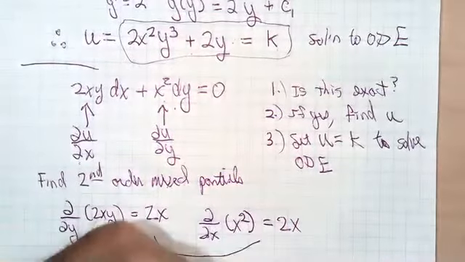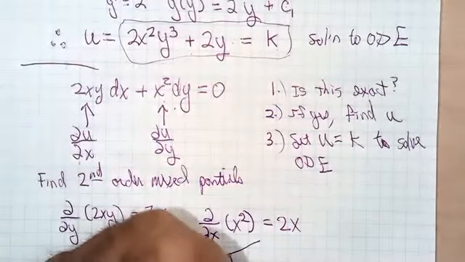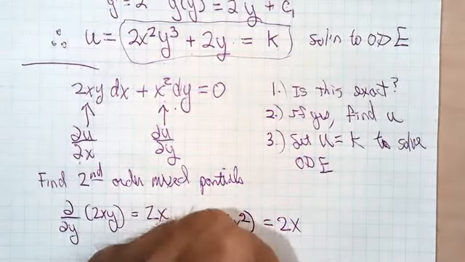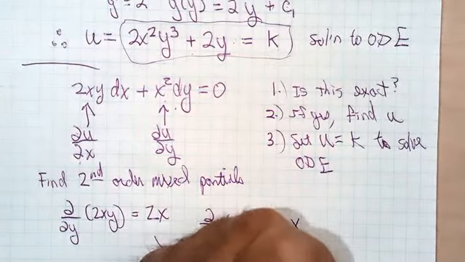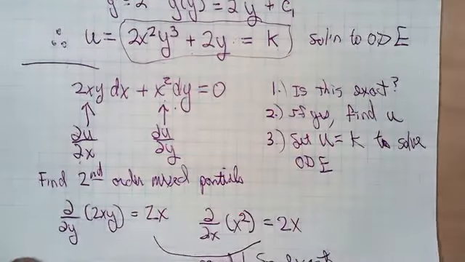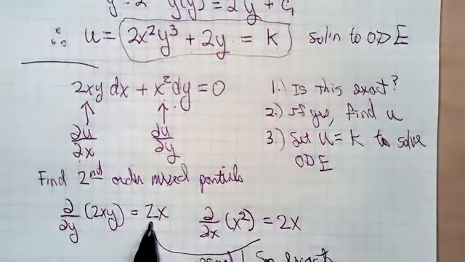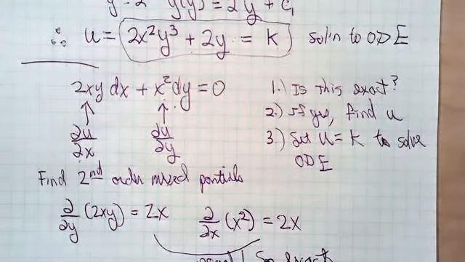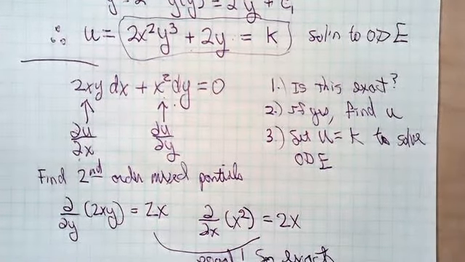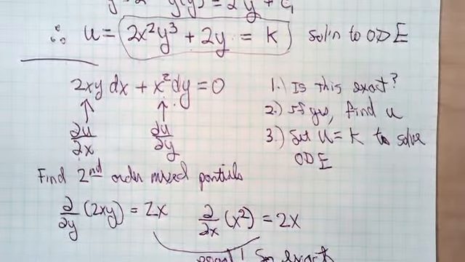Those are equal. So yes, indeed, this is an exact equation. If these were not equal, it's not exact. So stop. That doesn't mean there isn't some other way to solve it, but don't use this method. It does not apply.